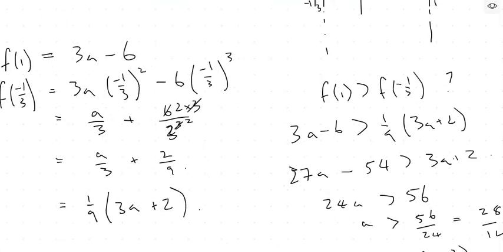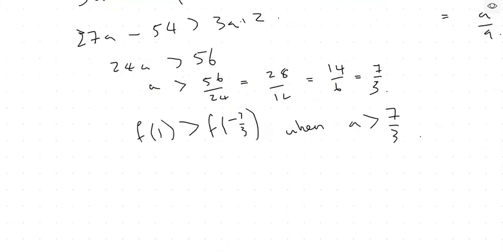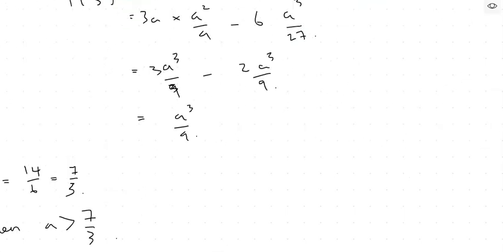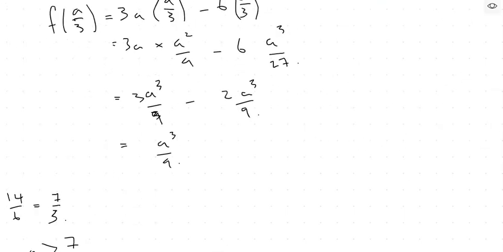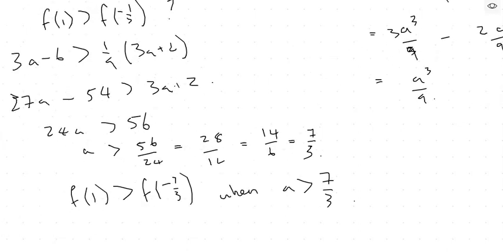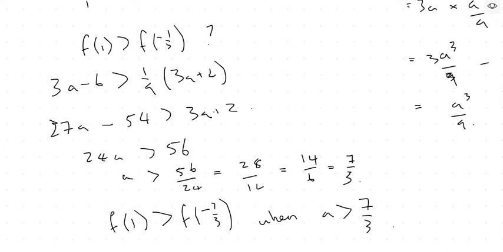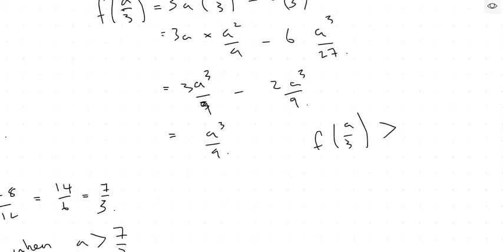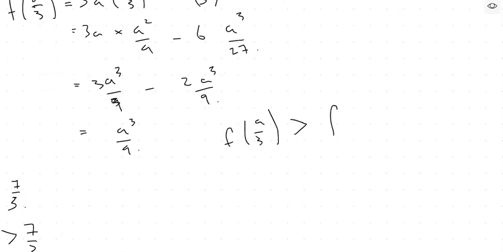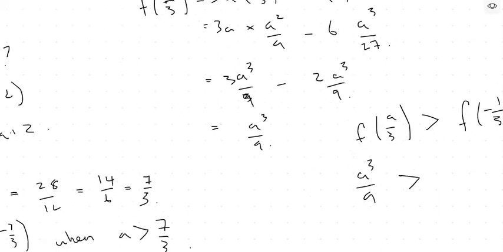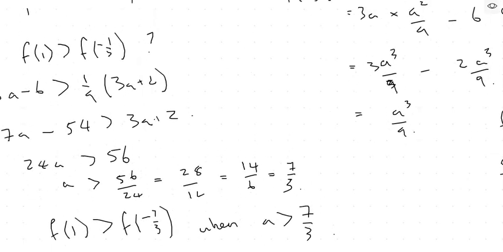Okay. So let's do what we did before. Let's ask the question, when is f of a over 3 greater than, say, f of minus a third? That is when a cubed on 9 is greater than f of minus a third.